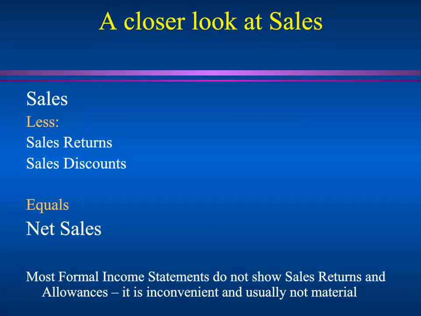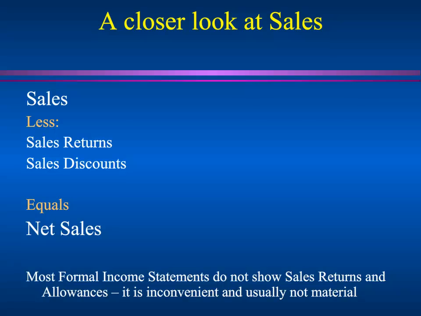Now, when we talk about things like net sales or net revenue, what we have is our revenue or our sales minus returns and discounts. Some companies will take very fine details on what they sell and how much they discount it. Typically, for the average company, you're going to have your sales minus any returns.